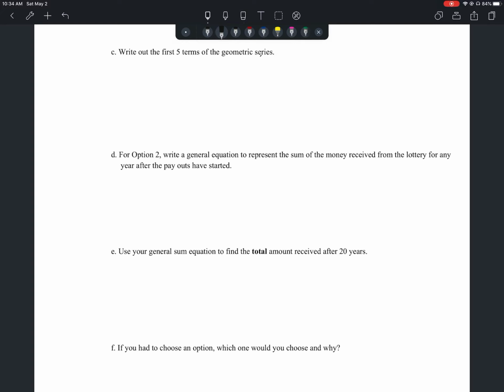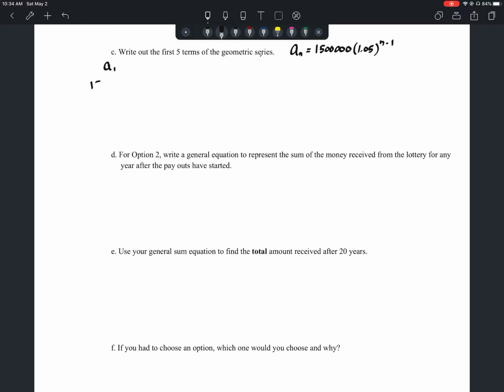Okay, so remember how all these values are coming to be here. We had that A sub n was equal to 1,500,000 times 1.05 to the power of n minus 1. So the first payment there, we would take 1 and plug it in.